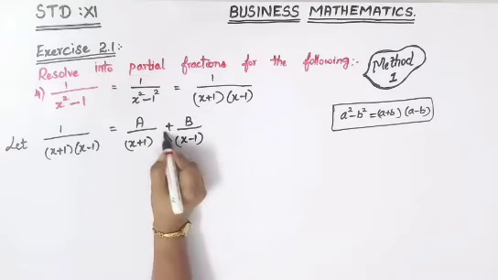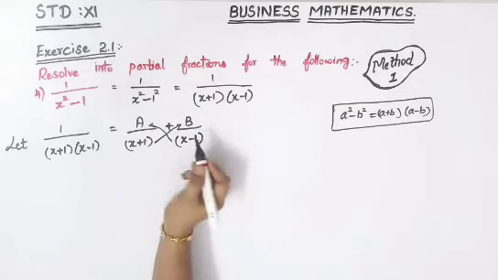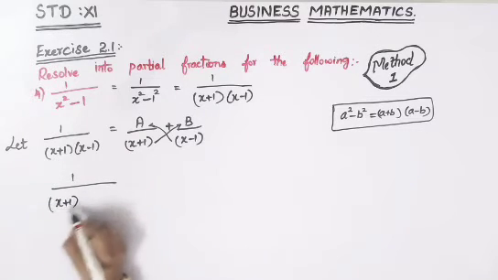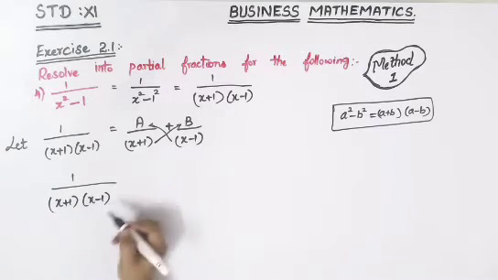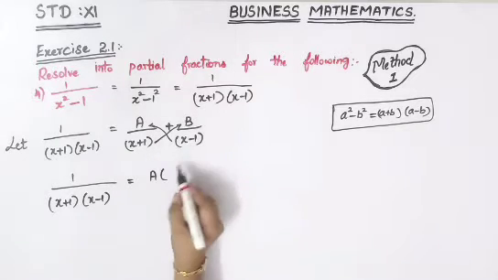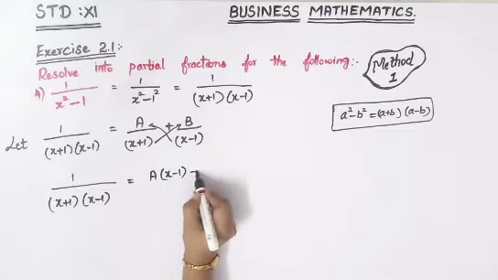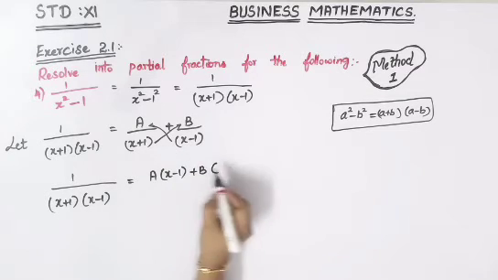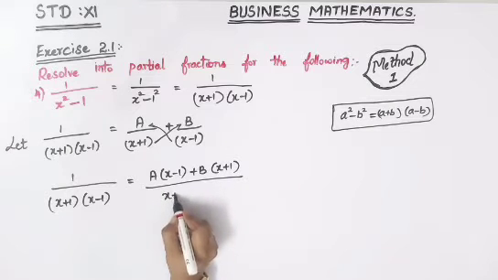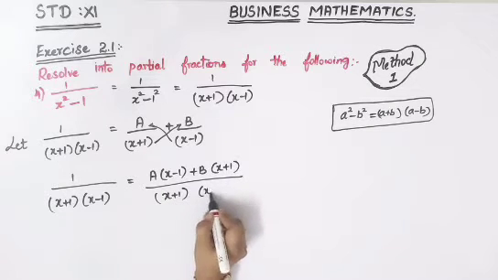Now cross multiplying, always finding your LCM. 1 divided by x plus 1 into x minus 1 will be there as it is on your left hand side. Your right hand side is a into x minus 1 plus b into x plus 1, whole thing divided by x plus 1 into x minus 1.